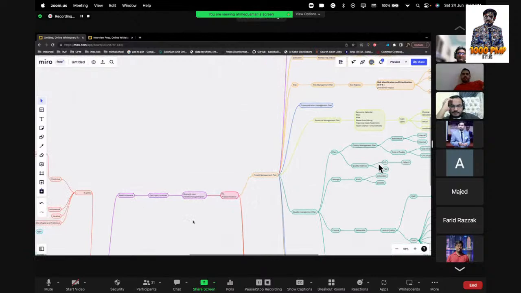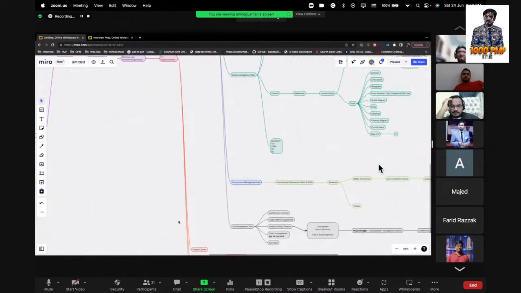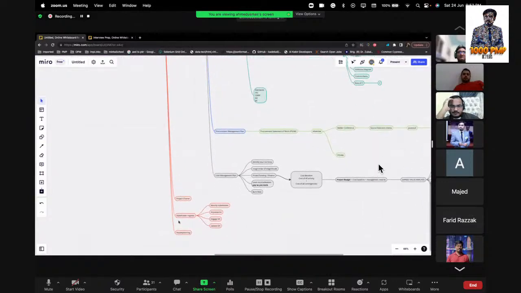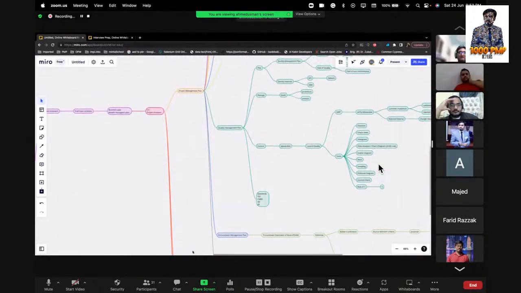In the project initiation phase, we have these three main things: project charter, stakeholder register, and assumption logs. In the stakeholder register, we identify stakeholders, we prioritize our stakeholders, then we engage them, and we update the stakeholder register.